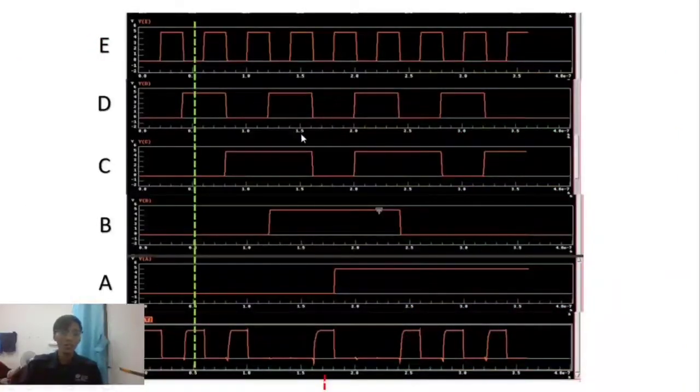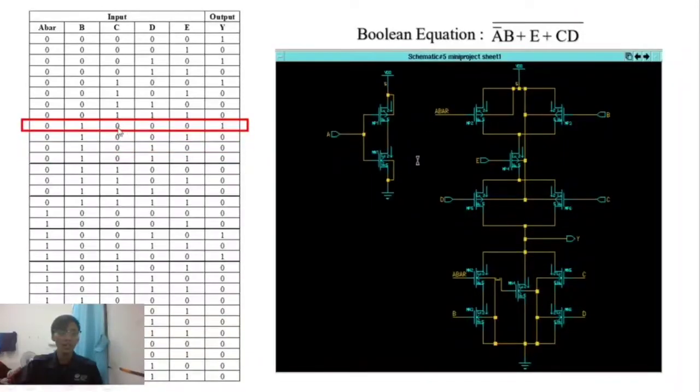Let's take a look at the second example, where A is 0, B is 1, C is 0, D is 0, and E is 0. If you take a look here in the truth table, the output is 1. In the PMOS section, when the input is 1, it is an open circuit.